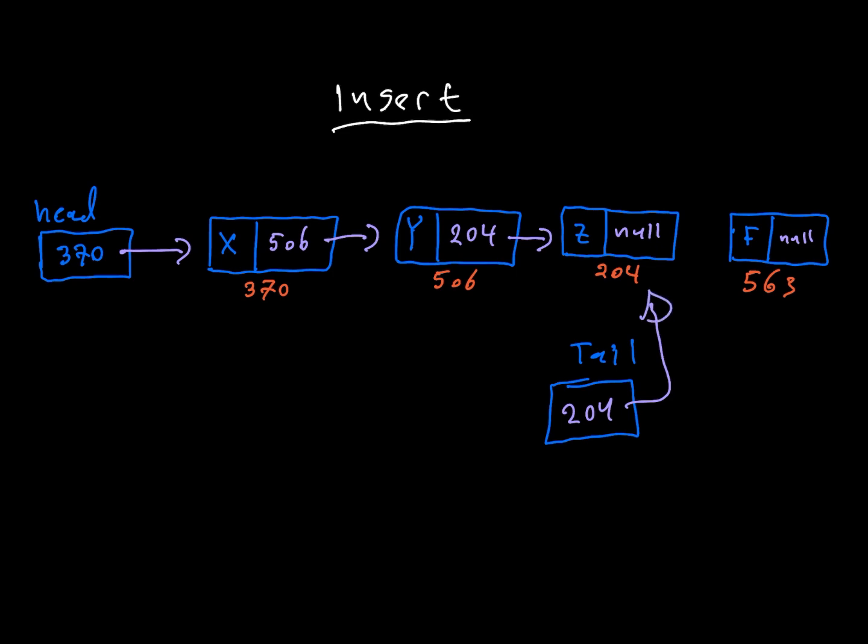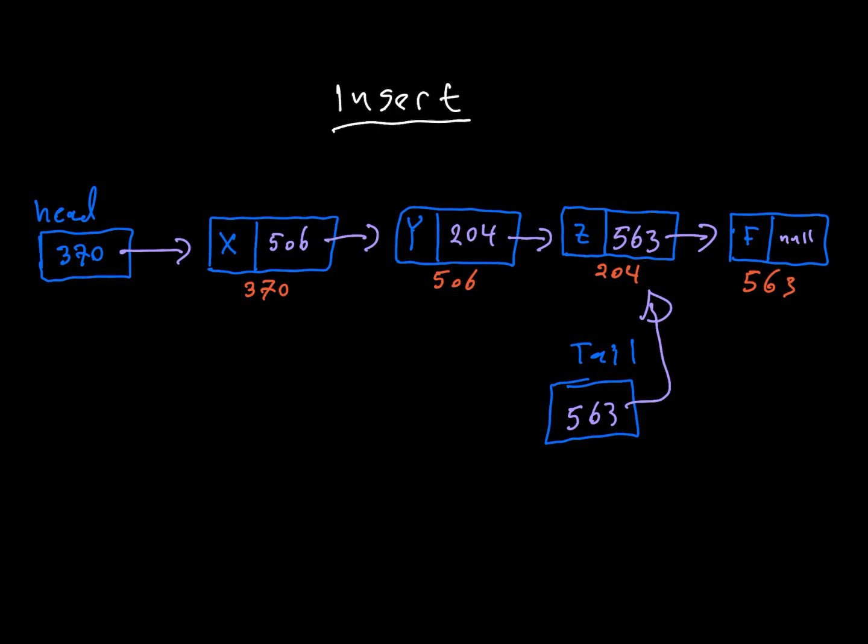In this case, since we have our tail, we could instantly go to this node, update its address to the new node we created, right? 563, point it there, and then we would simply update tail, and now tail would point to 563, right? So it really depends on your implementation.